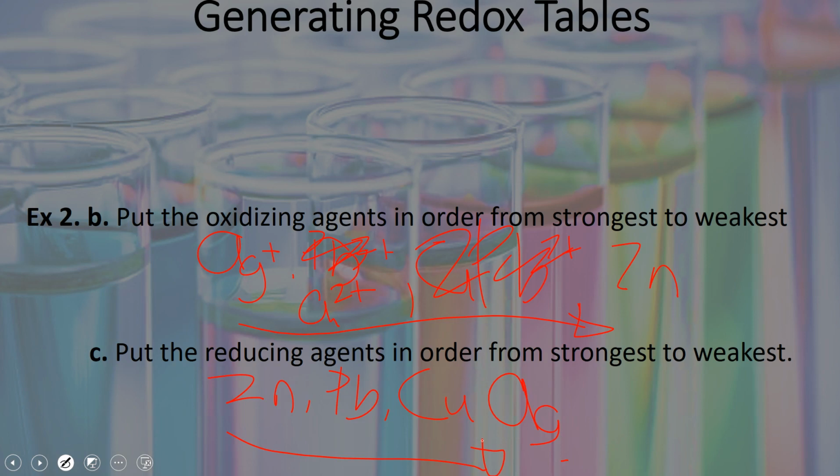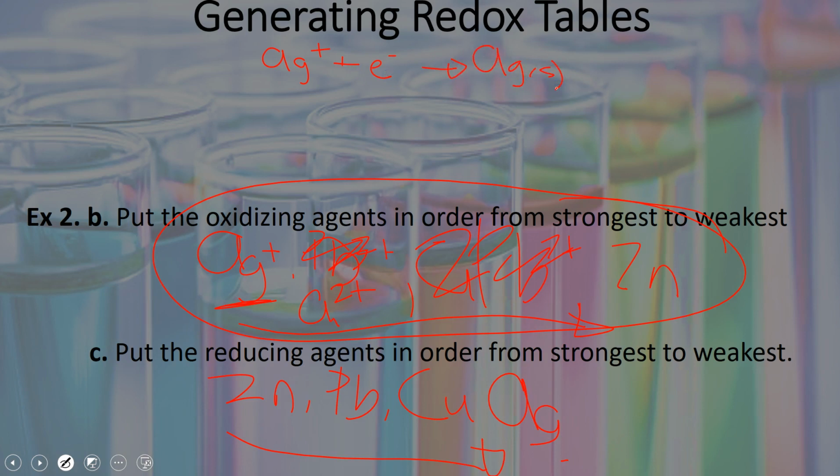Okay. The last thing we can do, and the last thing that we're going to have to start doing here, is taking all of these. Once I figured out which is the strongest oxidizing agent and the weakest, I can then make my own table of half reactions. To make my own table of half reactions, we said Ag is the solid, so I would say Ag positive plus 1 electron would produce Ag solid.